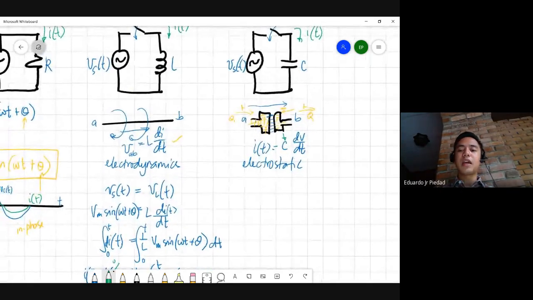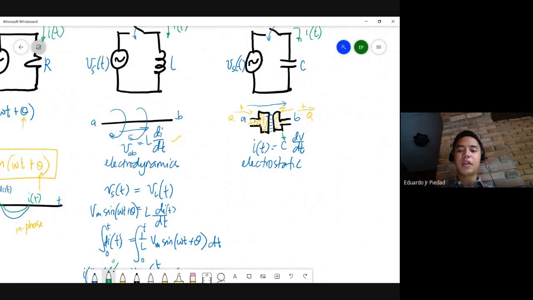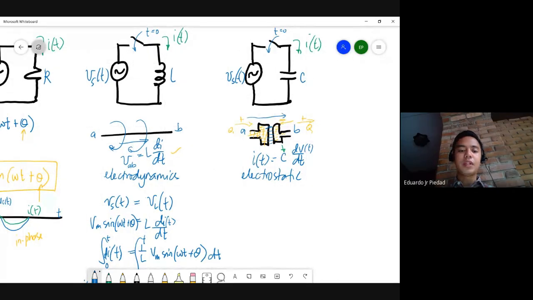Now for the capacitor, the current is the one that is supposed to be the given. So let's see.